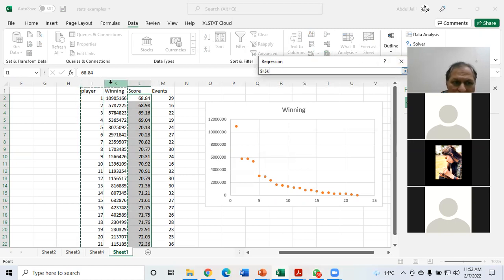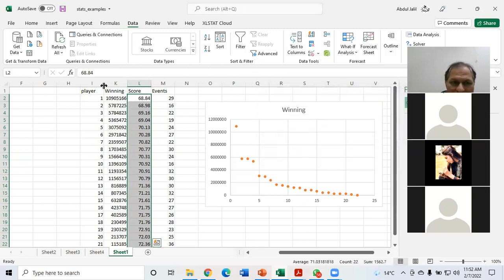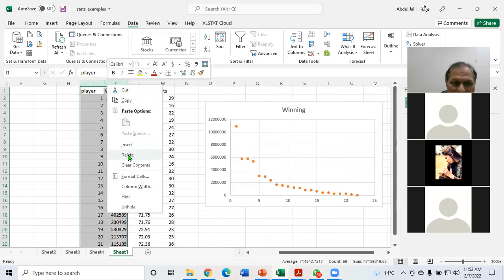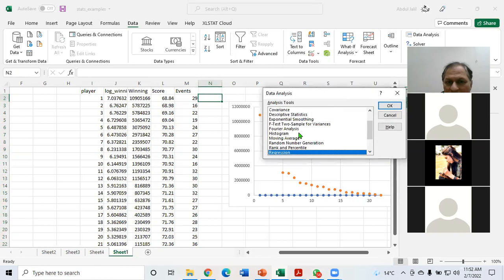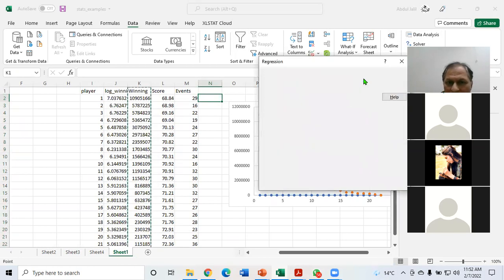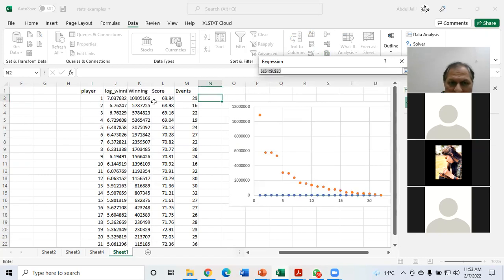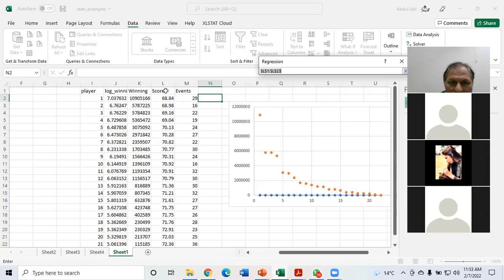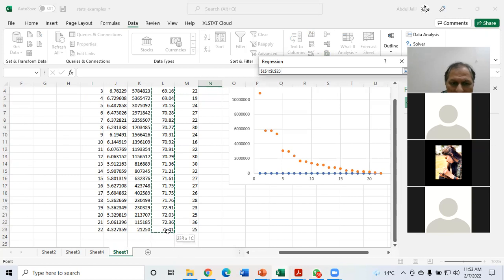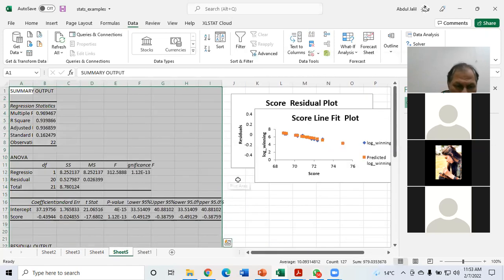Before that, sorry, first unhide this one, so that variable should be visible. Now go to the data analysis regression. Now this y range is going to change to this log y, right? Only this is changed. Other is already given. This is the score. The score into score. Clear. And then we are going to apply all these things that are already selected. So this is calculated, right?